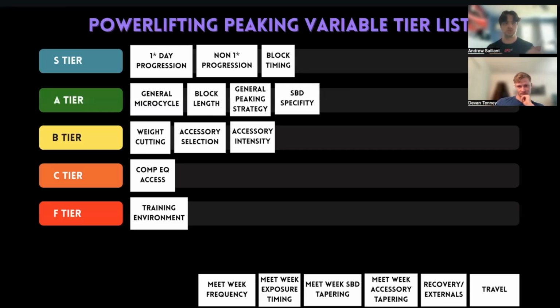But because you have some wiggle room, based on how you prescribe what is within that extra session, I don't think it's the end all be all thing that you have to consider. I'd probably put it bottom A tier.